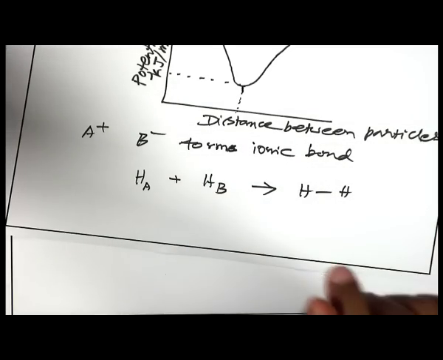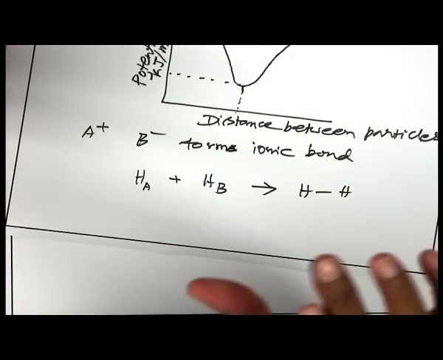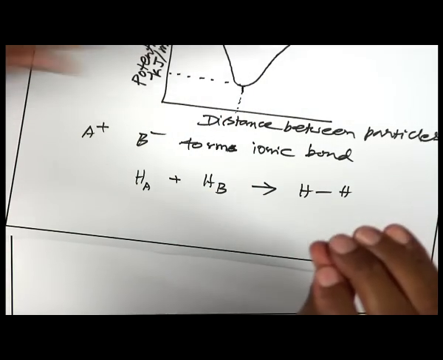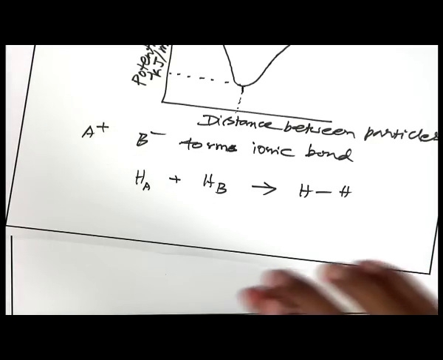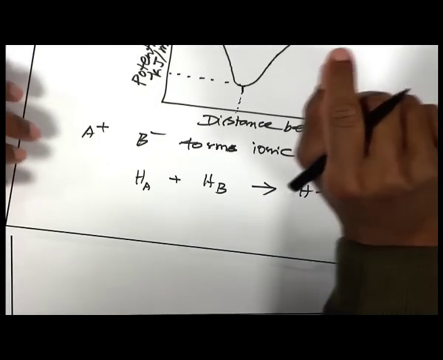One can also explain the bonding between the two neutral hydrogen atoms by this model. How? Because each atom has negatively charged electrons as well as positively charged protons. So, it is possible for the atoms to attract each other. The same way, one can explain the bonding between two hydrogen atoms.